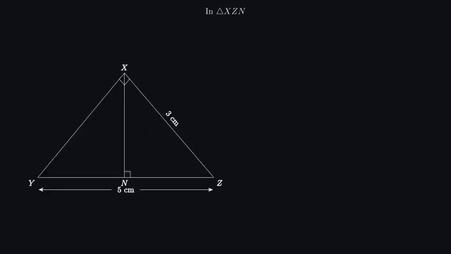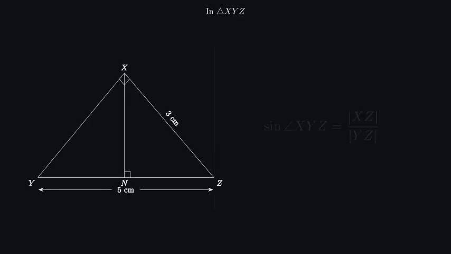Our plan is simple. First, we find angle XYZ, then we find angle XZN. Finally, we use the smaller triangle XNZ to find XN. From triangle XYZ, we want angle XYZ. The side opposite angle Y is XZ, and the hypotenuse is YZ.